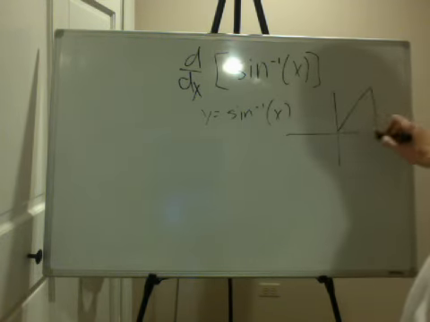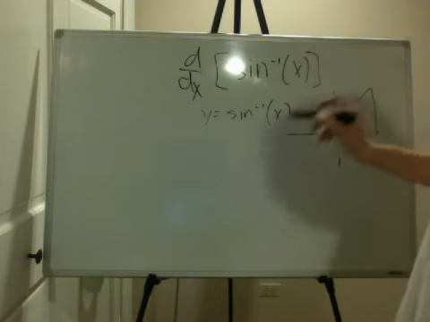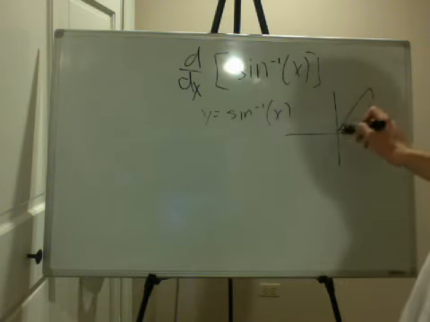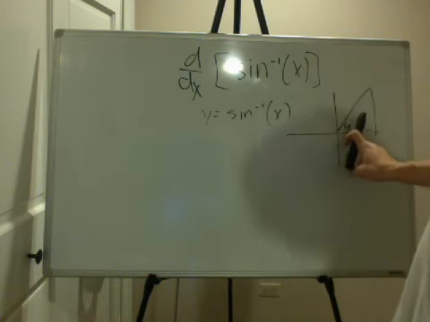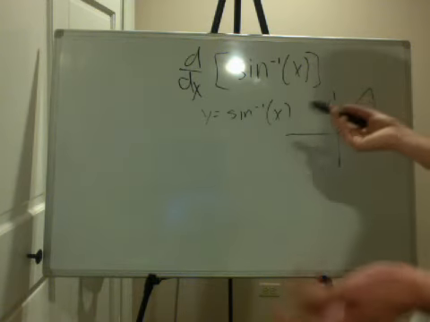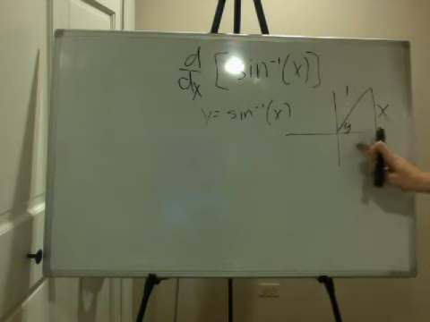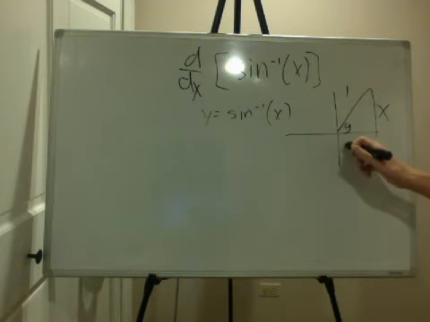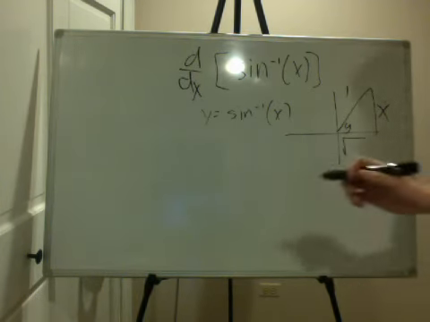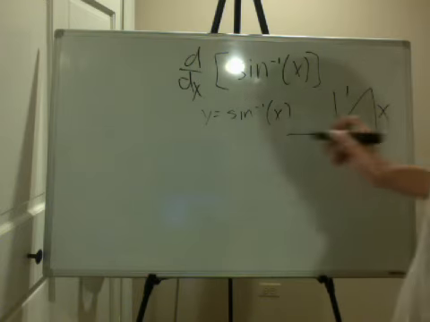The angle y, or theta, has sine equal to opposite over hypotenuse, so the opposite is x and the hypotenuse is 1, and the remaining side is the square root of 1 minus x squared.